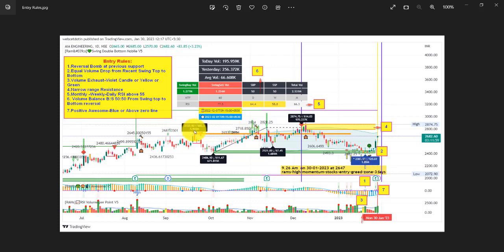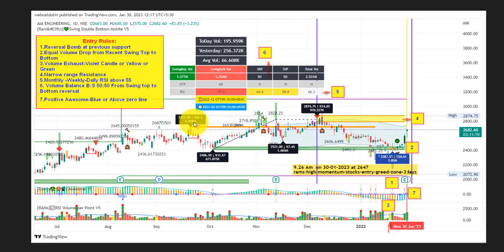If it is a double top, then we have to calculate the volume of both tops, and we should check whether that equal amount of volume is dropped at the reversal. That is the most important point. Then volume exhaust. We should check whether we can see a violet candle, like here, when it reached a top, the volume is exhausted and from there the price dropped.